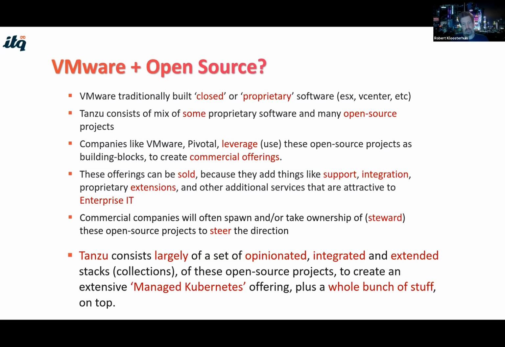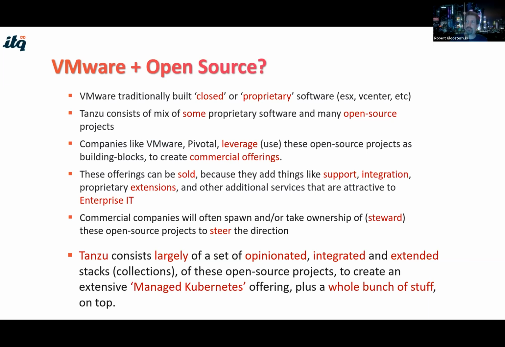And the more opinionated a particular collection of these tools together is, the less choice you have to pick and choose which bits and pieces go into it. VMware has largely, not completely, but largely chosen for you which combination of tools and open source projects fit together to make a managed Kubernetes offering. And this is what we call Tanzu.